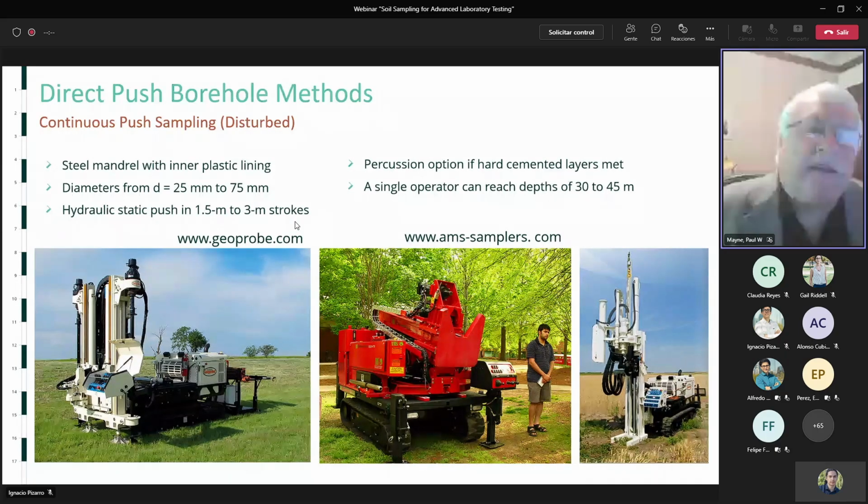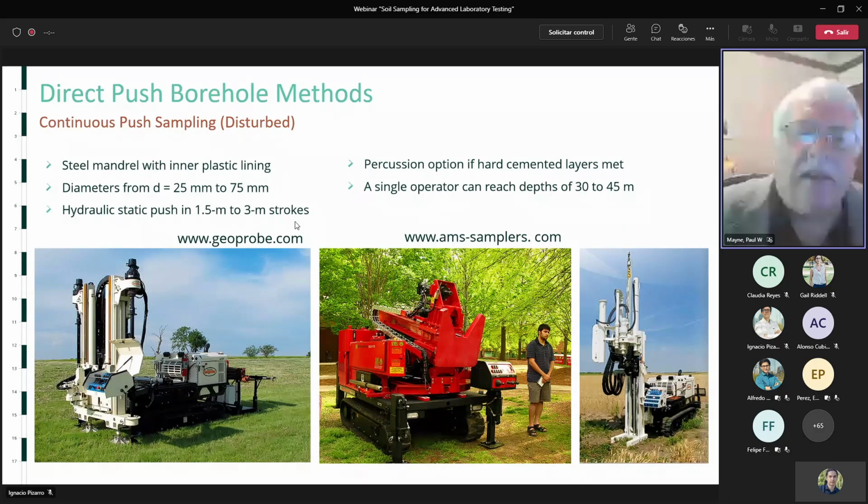We do have today direct push borehole methods, and these are very interesting because we do get continuous samples. So there's a whole fleet of groups: the Geoprobe, PowerProbe, and similar types of devices. It's a one-person operation. The operator can go at least 30 meters, even as deep as 45 meters, all by him or herself, and collect continuous samples.